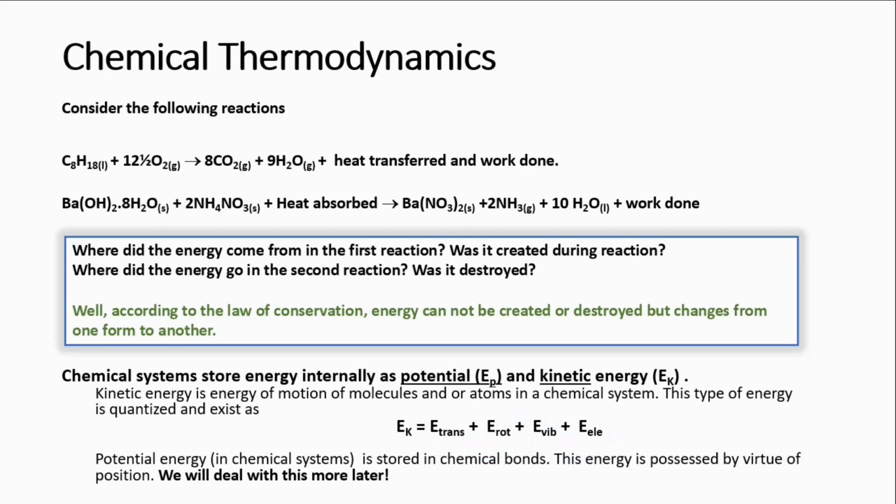There's also potential energy in the system, as mentioned earlier. The potential energy in chemical systems is generally stored in chemical bonds. Potential energy is energy which exists by virtue of the position of a body, whereas kinetic energy is energy of motion. I would say that the total internal energy in a system is equal to the sum of the kinetic and the potential energies.